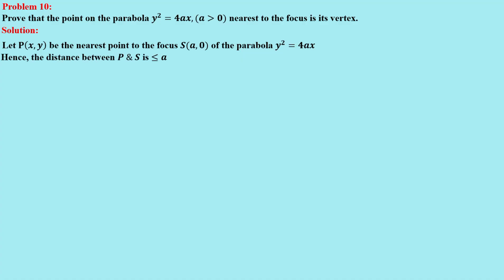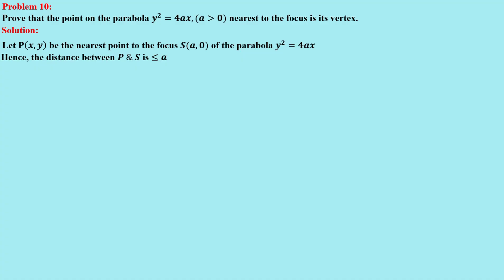Hence the distance between P and S is less than or equal to a, right? We know the vertex is (0, 0) and the distance between the vertex and the focus is a, right? That a is the x coordinate.